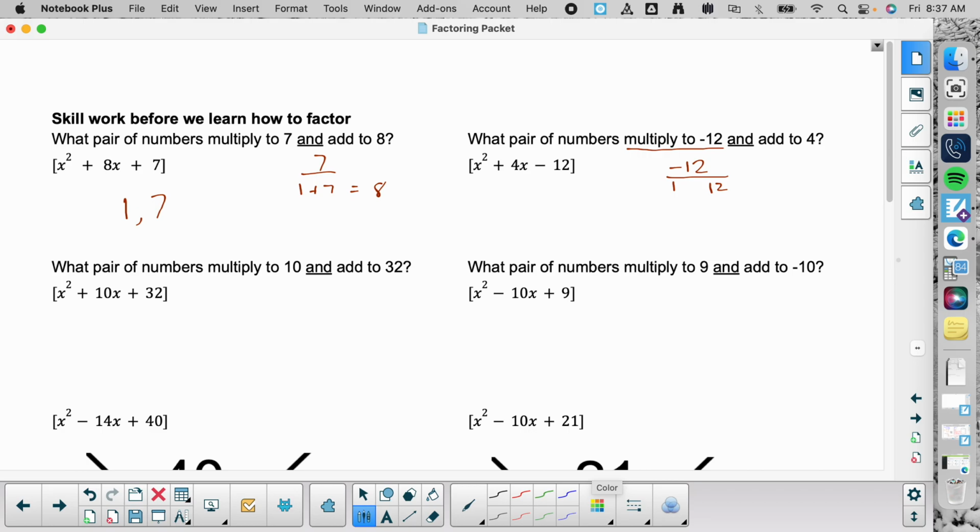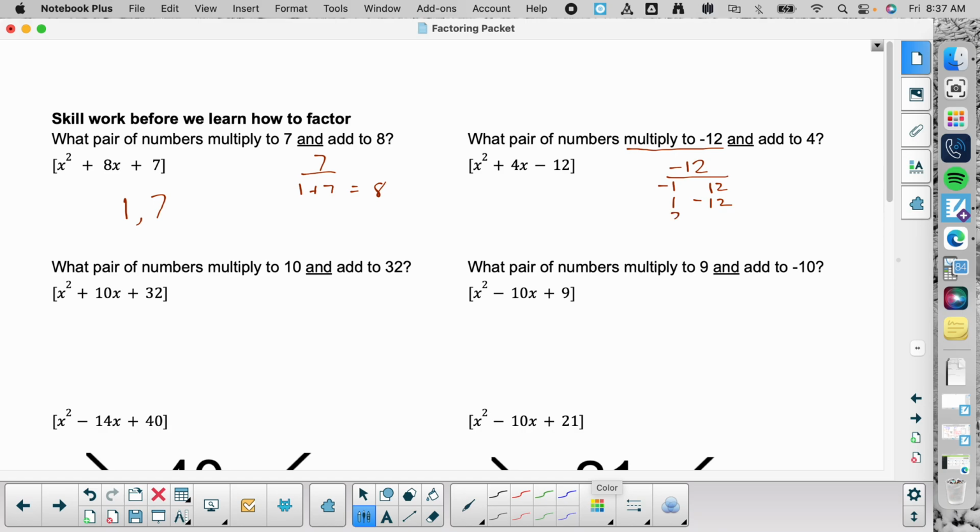One of the numbers has to be negative. Perfect. So that means I can have negative 1 and 12 or 1 and negative 12. So 1 and 12 is a pair, but we have two different versions of it.